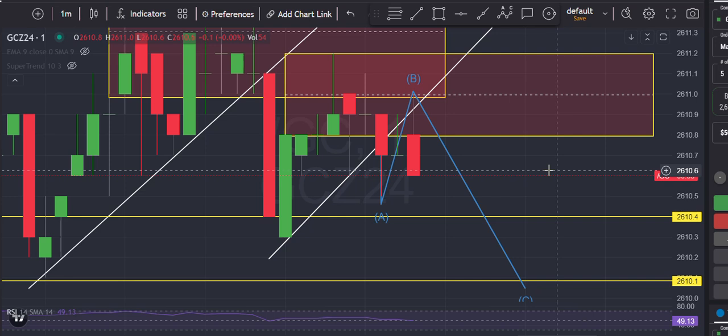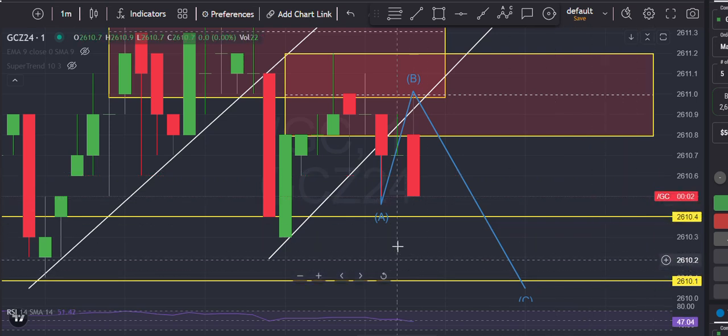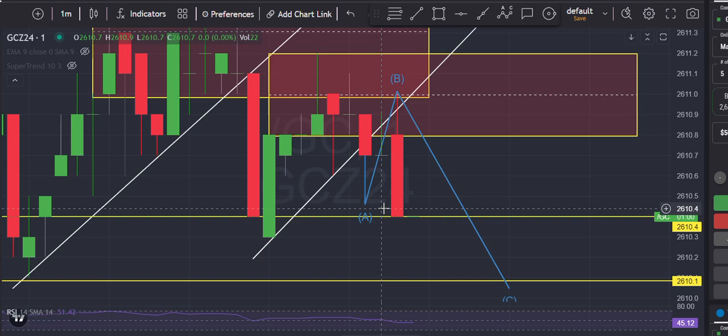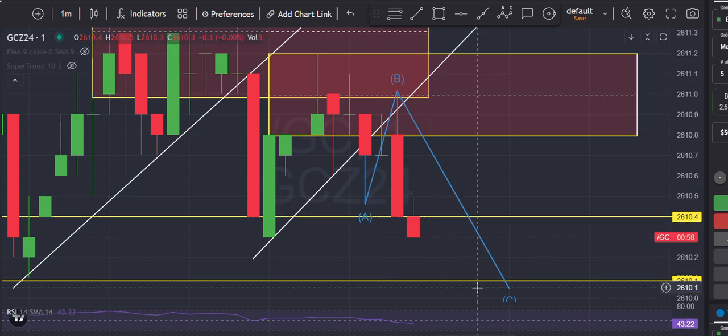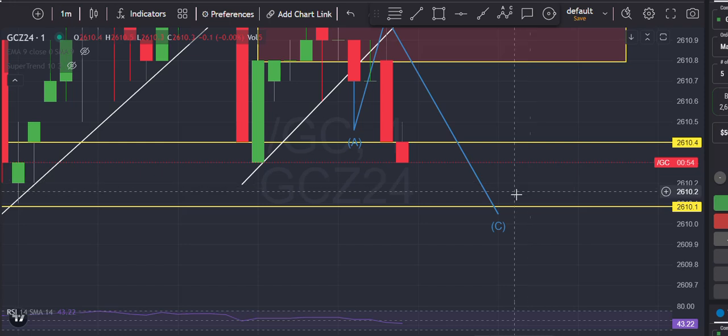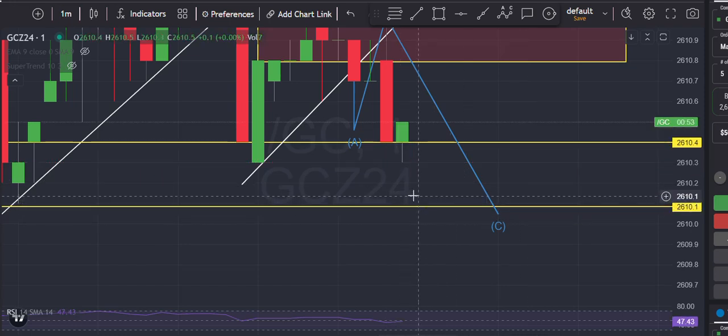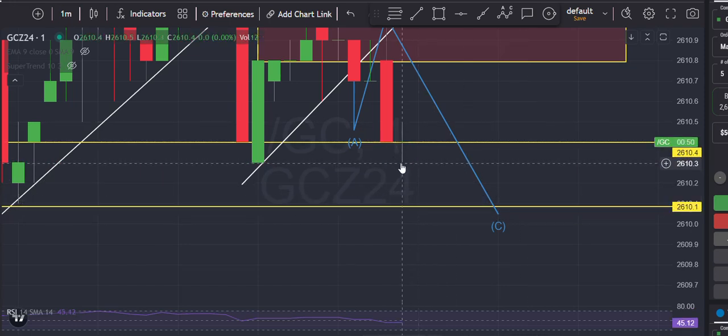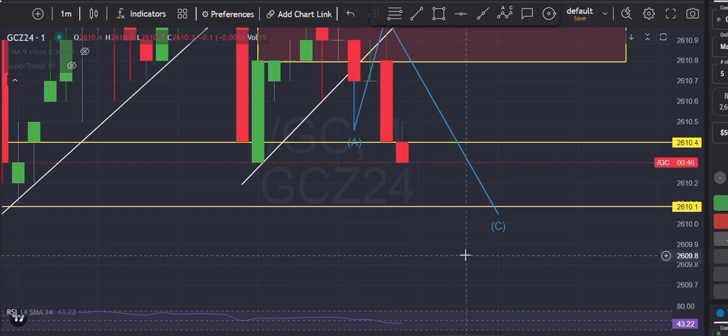Yeah, I impress myself sometimes. Break, retest, continuation, mama. Here's the first target. And are we going to hit our second target, or are we just going to hit and retest our previous low? Let's see.